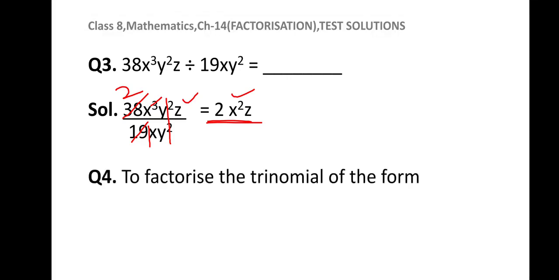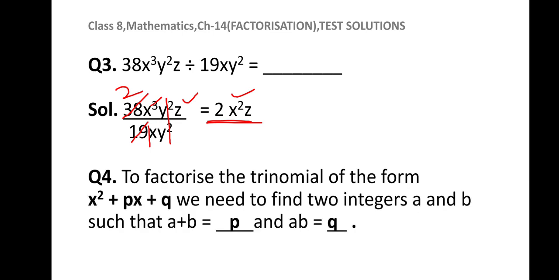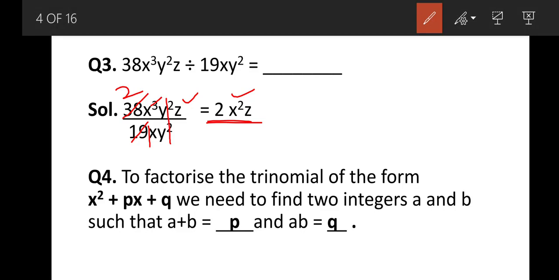Question number 4. To factorize the trinomial of the form x square plus px plus q, we need to find two integers a and b such that a plus b is equal to.